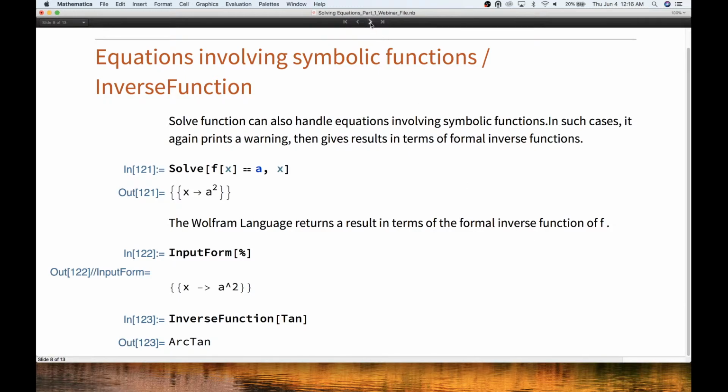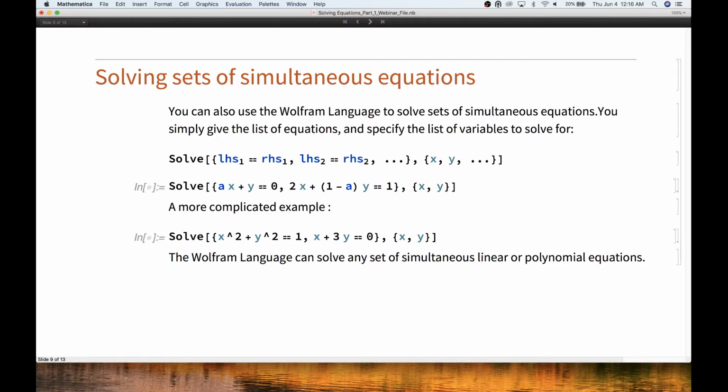So how to solve simultaneous equations now? You can use the Wolfram language to solve sets of simultaneous equations. You simply give the list of equations in curly braces and specify the list of variables to solve for.